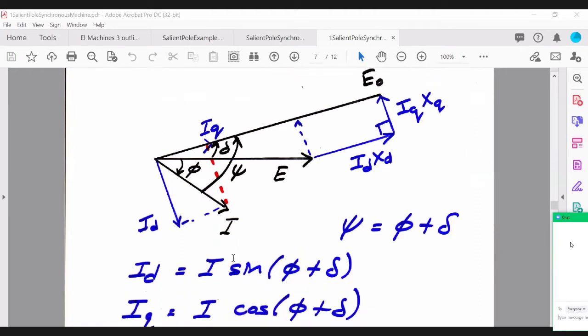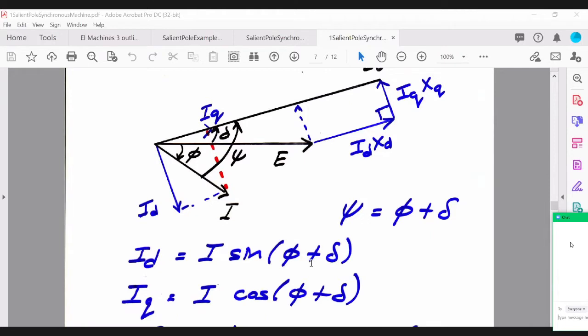When I resolve the two components of current I, you can see that IQ will be the cos of phi plus delta times I, because it's adjacent to the angle, and ID, the opposite phasor, will be I sine of phi plus delta. Okay, so that's basic vector resolution, which I'm sure you're familiar with from your mechanics.